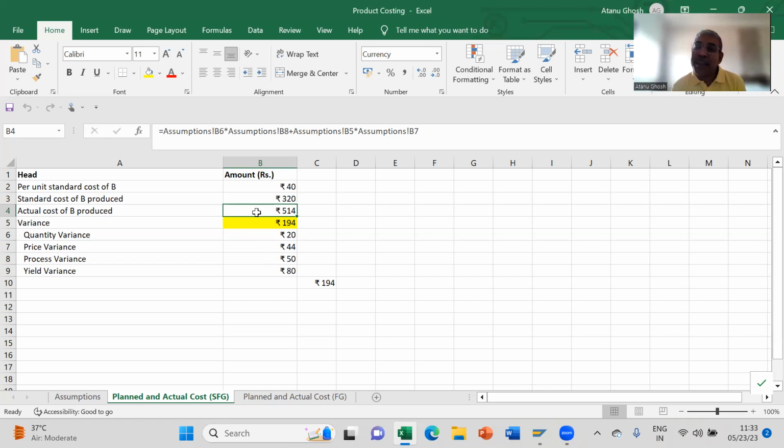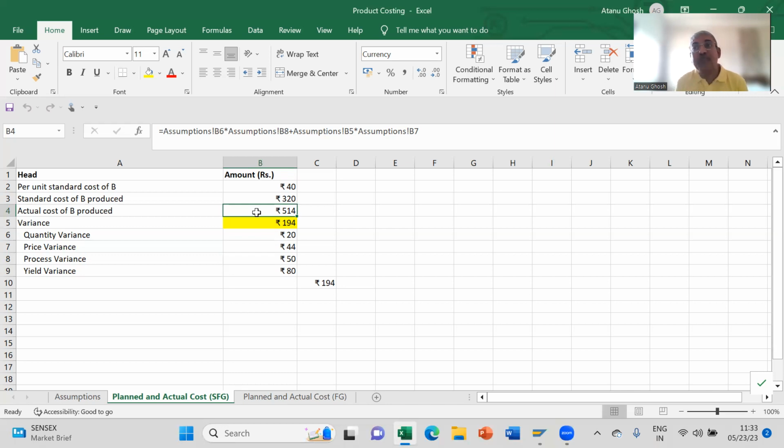So if I value my inventory at 514 rupees, my profit, on the other hand, will become higher by 514 minus 320. In other words, my loss will be booked less by 514 minus 320.